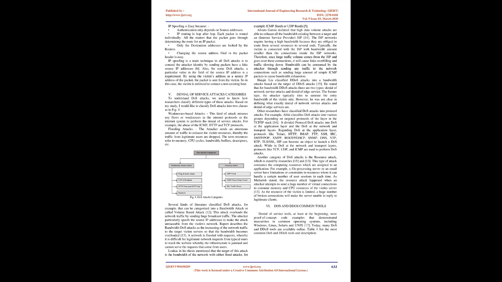DOS tools and descriptions. Low Orbit Ion Cannon, LOIC: a simple tool for flooding TCP, HTTP, or UDP traffic, can also be used to perform DDoS. High Orbit Ion Cannon, HOIC: a high-speed attack tool that can hit up to 256 websites at one go, sending GET and HTTP POST requests.